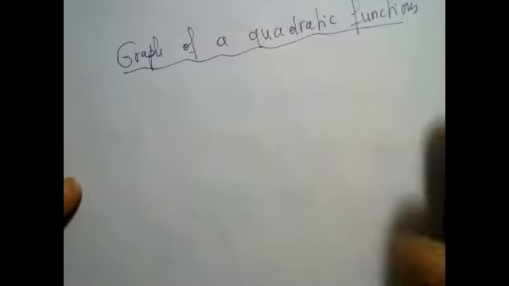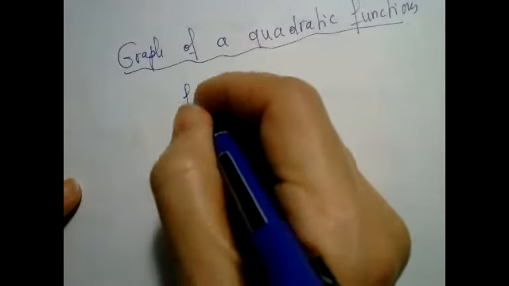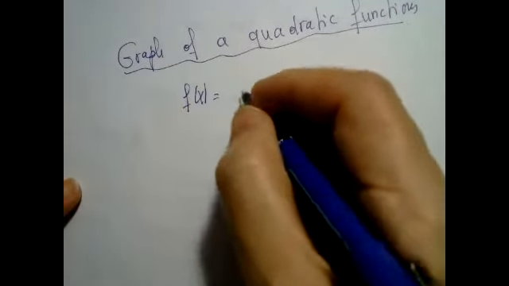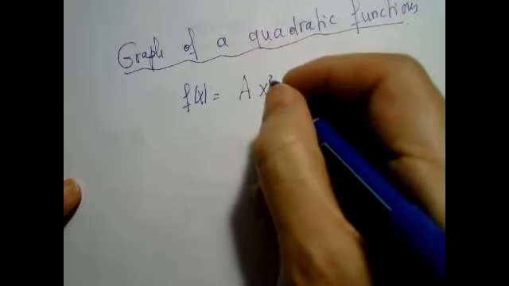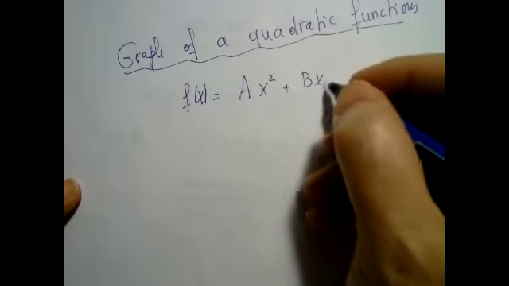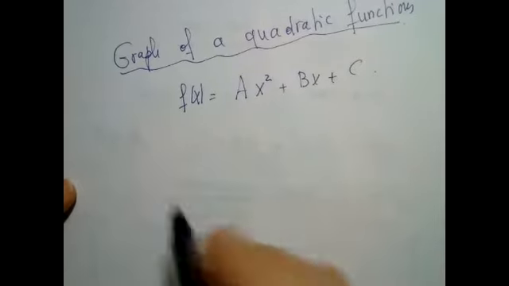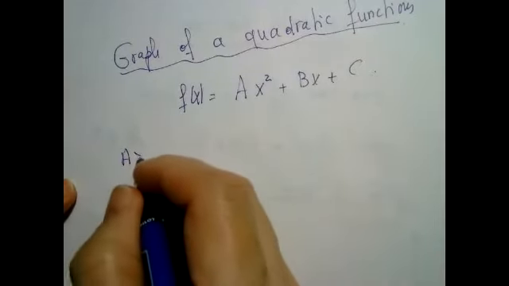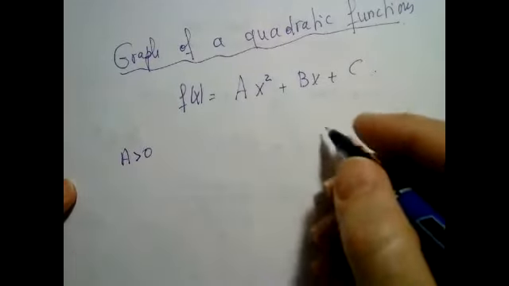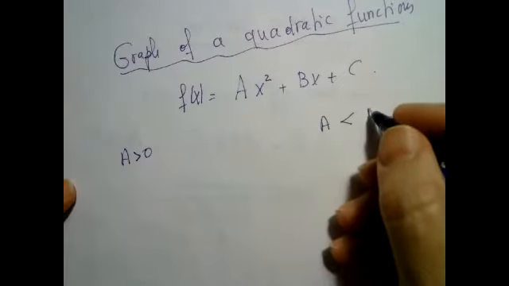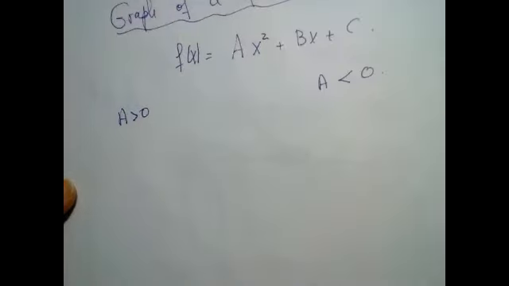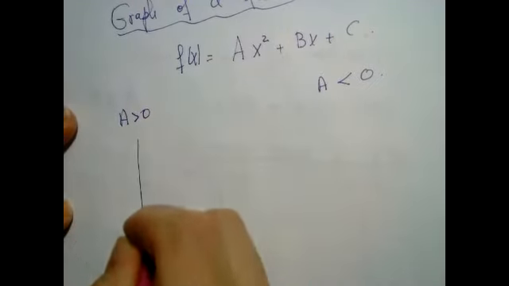What's going to distinguish that? My function is f of x equals ax squared plus bx plus c. The graph depends on whether the coefficient of x squared is positive or negative.